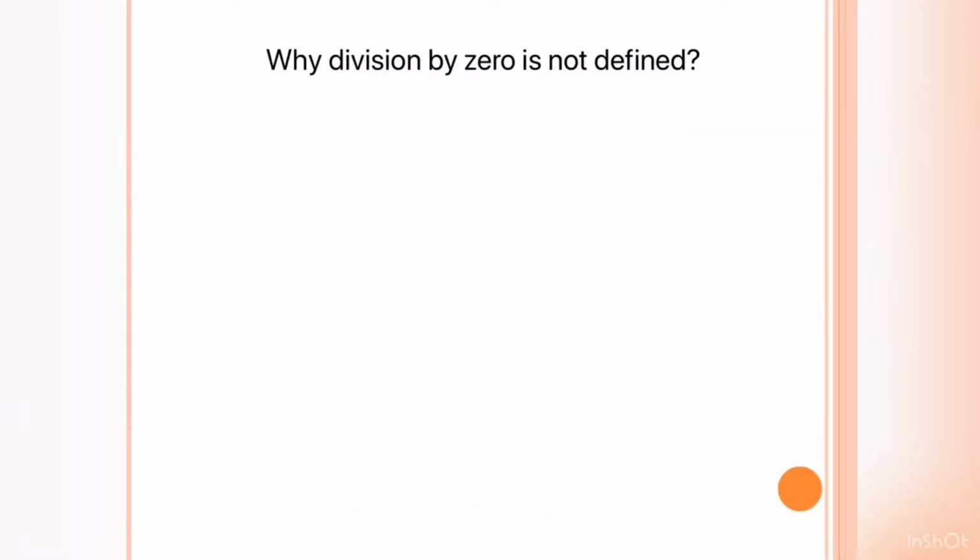Let us see why division by 0 is not defined. That is, 1 by 0, 2 by 0, 3 by 0, and so on are not defined.